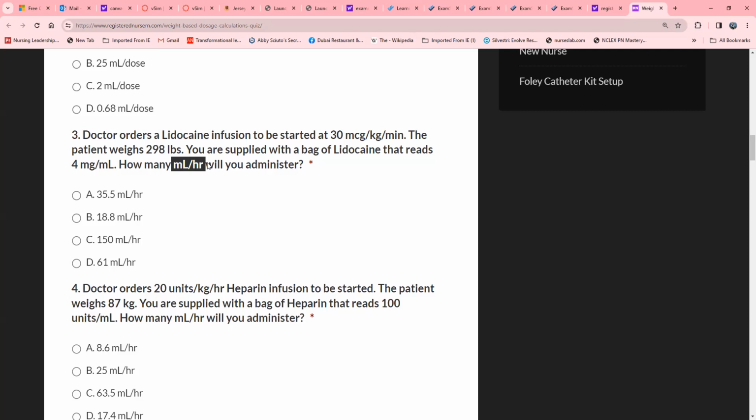And then we have to convert because you see our desired dose is ordered in minutes, but our answer has to be in hours. Everybody with me on that? Yes. Okay, so take your weight, 298. Our order is 30 micrograms per kilogram per minute. And what we have on hand is 4 milligrams per ml.